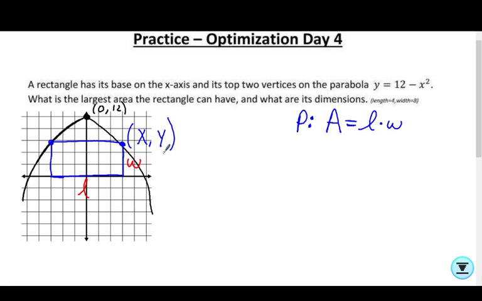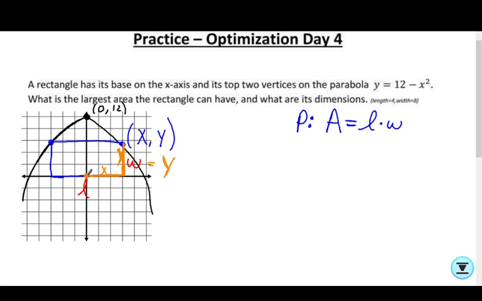Now that means (x, y), from the origin, this right here is x, and this right here is y, which means that my width is y. So this distance right here is y. No matter where it hits on this parabola, which one I use, the width is going to be y.